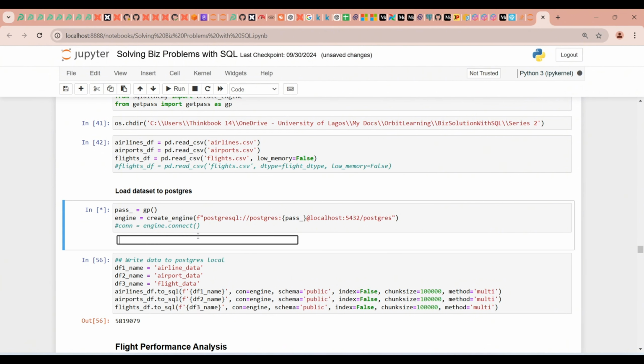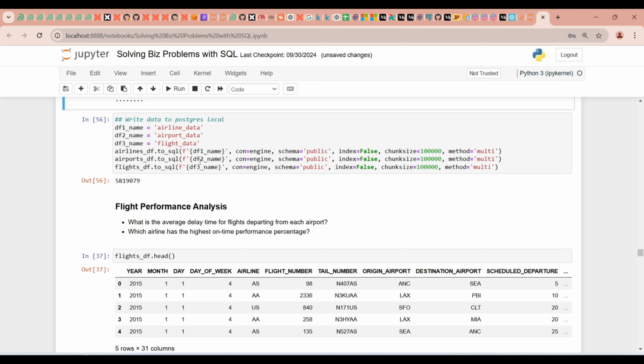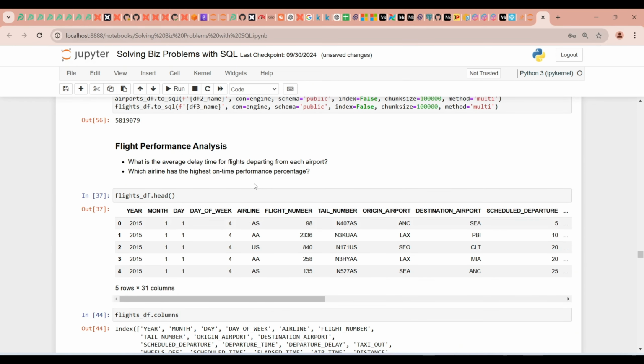All right, so I put the password. This next step is just to write the data to the database server, which I've already done. So let's look at the first section, which is flight performance analysis.